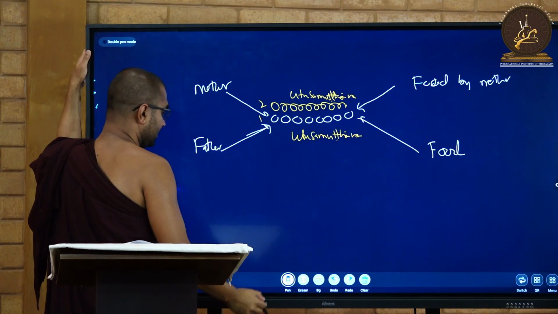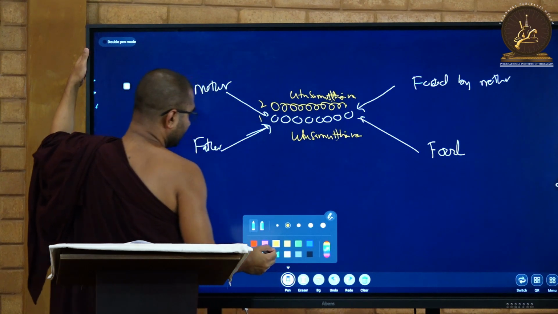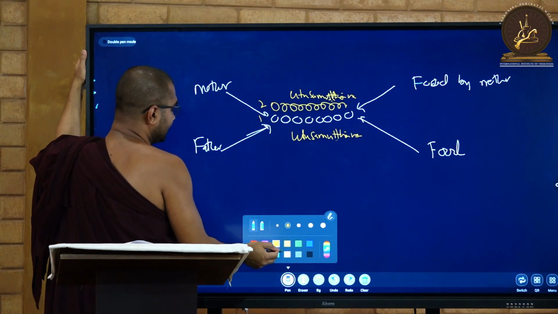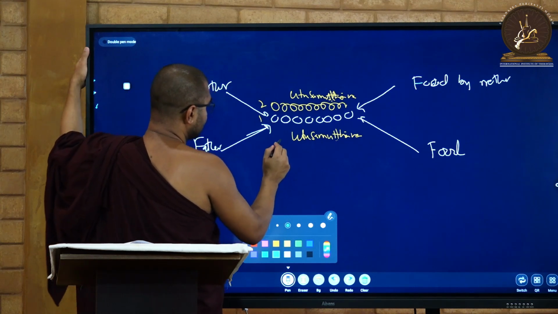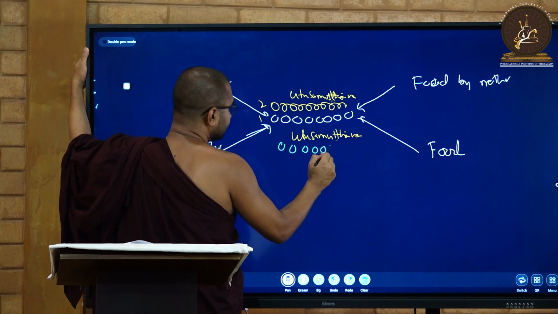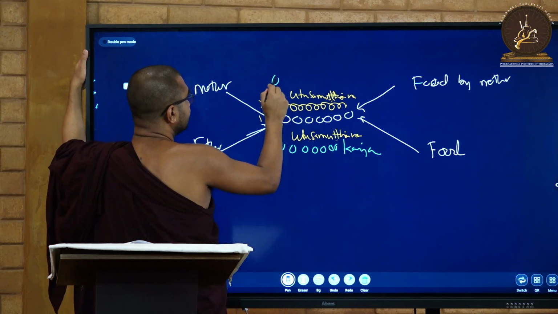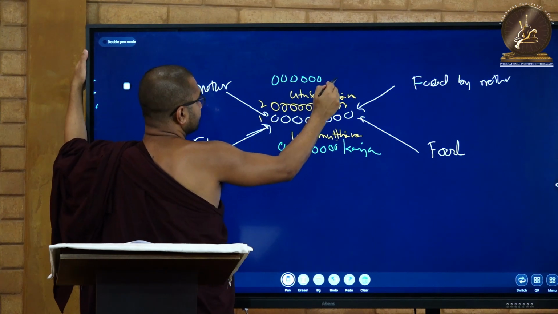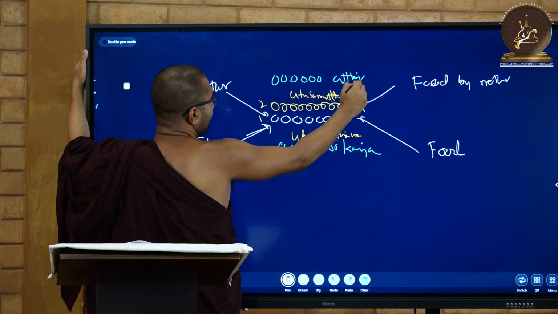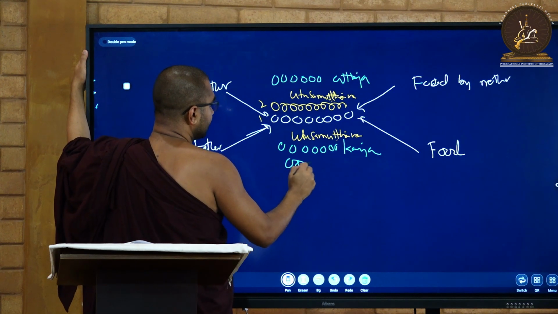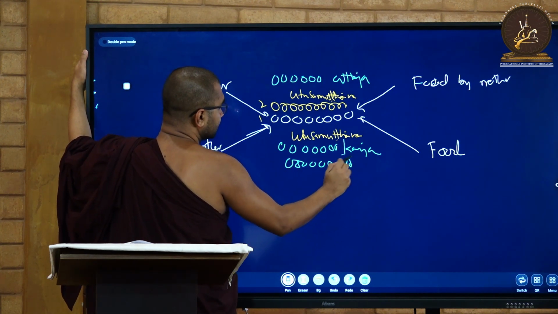Then, the body also contains some other Rupas. It also contains Kamaja Rupas. It also contains Chittaja Rupas. After the food is consumed, they also contain Aharaja Rupas.